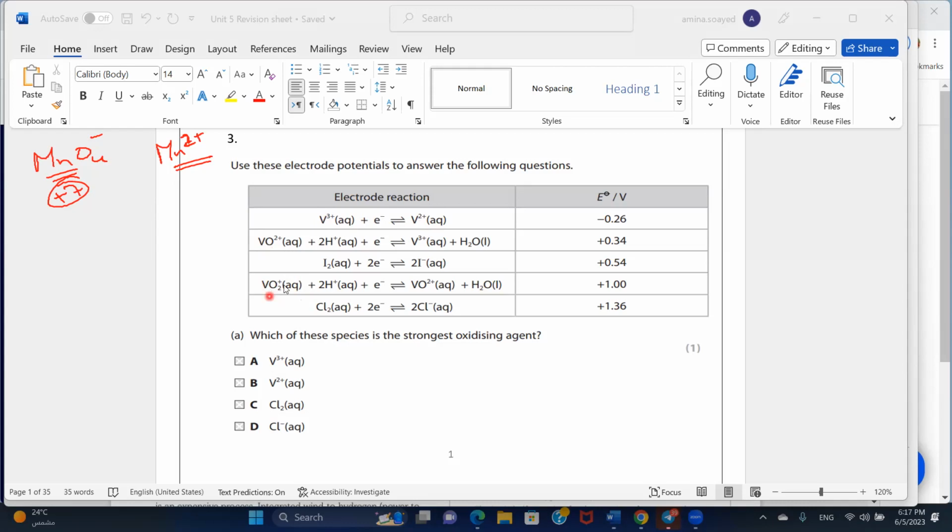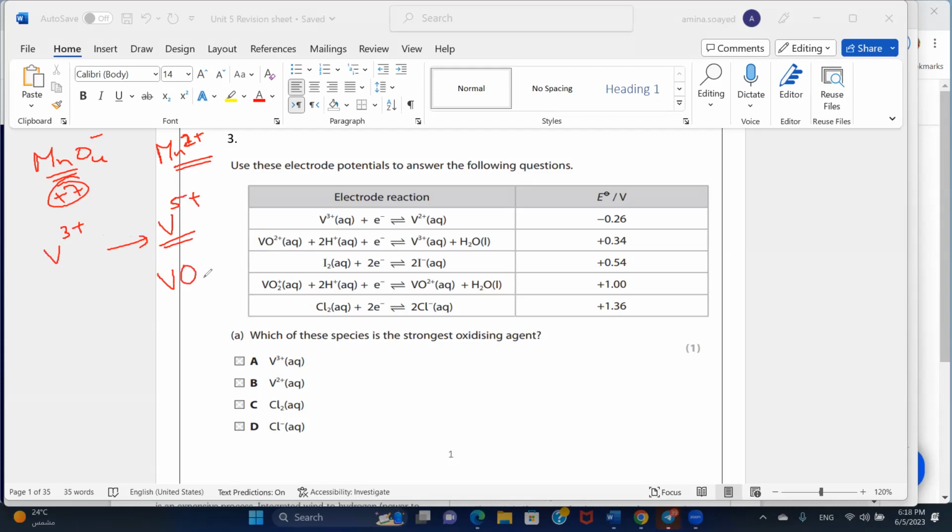I remember that once we were solving a question and they told us what will be the products, and then we wrote vanadium 5+, and then I told you that if we write vanadium 5+, this will not be very correct. They will give you a mark, but they will not give you the full mark, because when you oxidize the vanadium, for example, from plus 3 to plus 5, we don't have a V5+ like this.